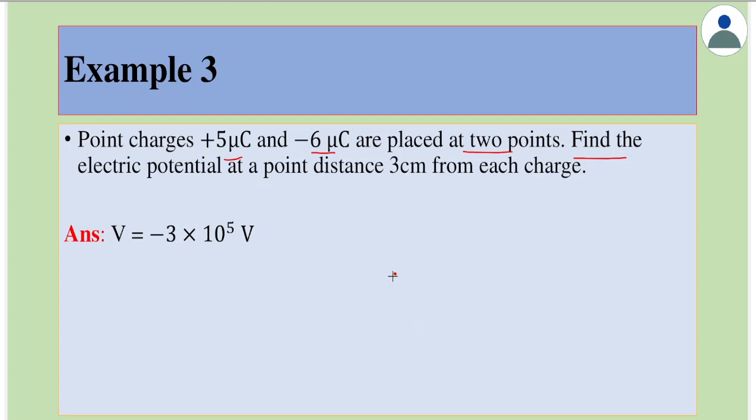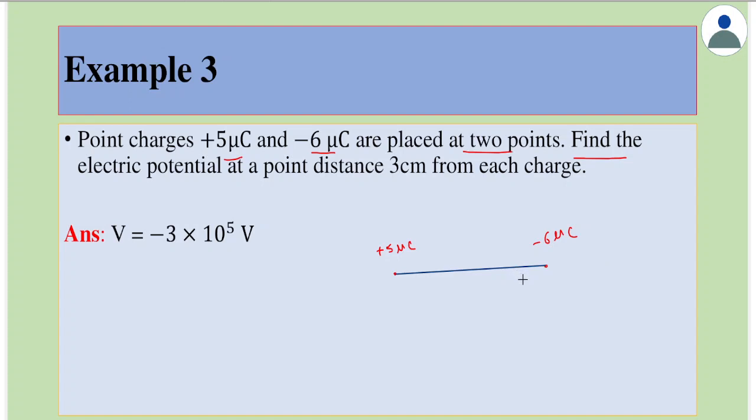So if we take the two charges as plus 5 microcoulomb and minus 6 microcoulomb, and let them have some separation, the question says find the electric potential at a point which is a distance of 3 centimeter from each charge. That point cannot be to the right of this charge, because at any point here the distance would be unequal.